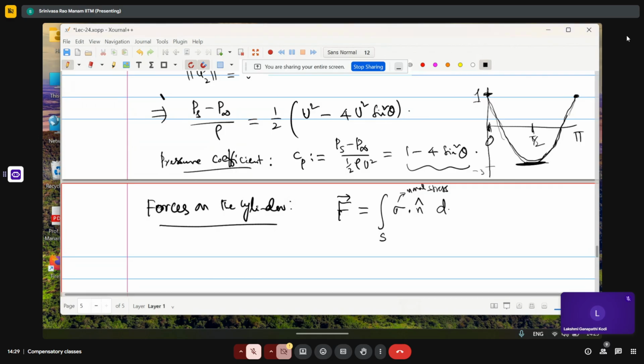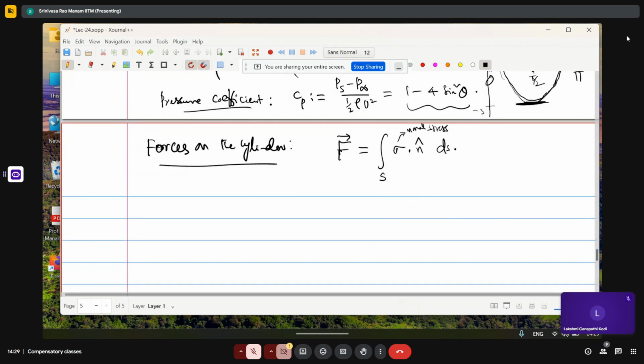This is with ds, right? This is your ds, the surface area. So this is equal to, what do you already have? The normal stress for an ideal fluid is only minus p n cap, right?